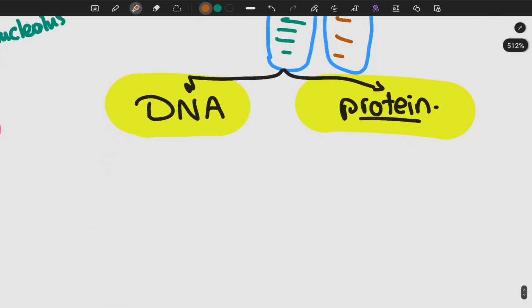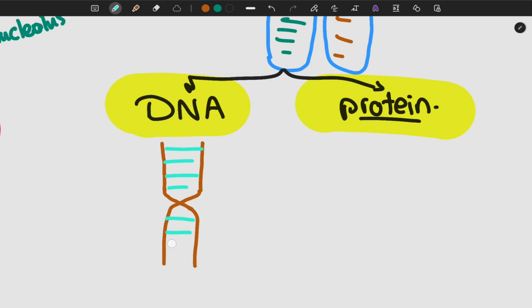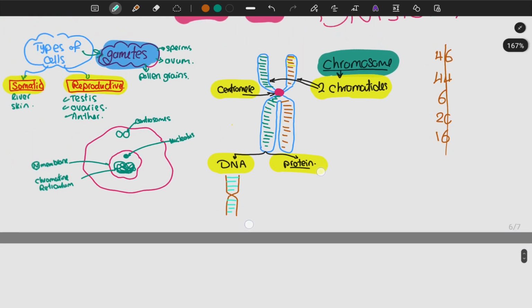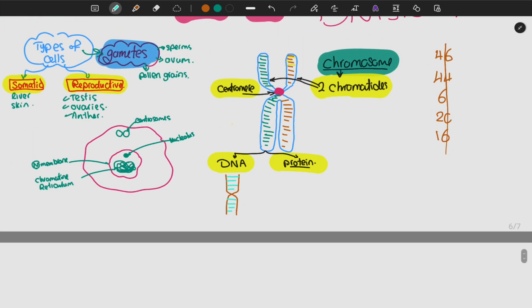Okay, protein, I know protein, but what is DNA? DNA is like this. Of course, you have seen this structure before. Something like this. This is DNA. So this chromosome consists of two main things, DNA and protein. And this protein merges the DNA together to make the chromosome.